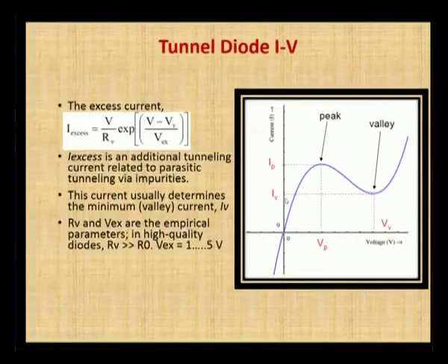This current usually determines the minimum current, this we call I XS. I V, R V and V EX are the empirical parameters in high quality diodes. R V is very much greater than R naught and V EX is equal to 1 to 5 volts.